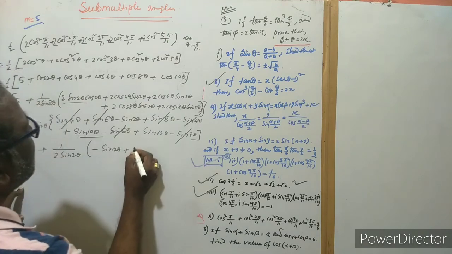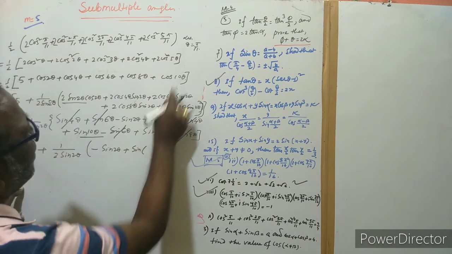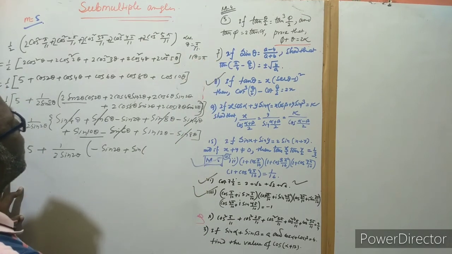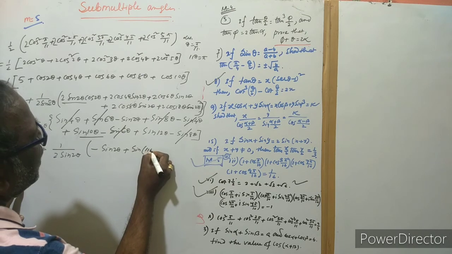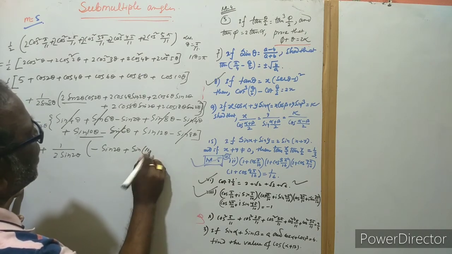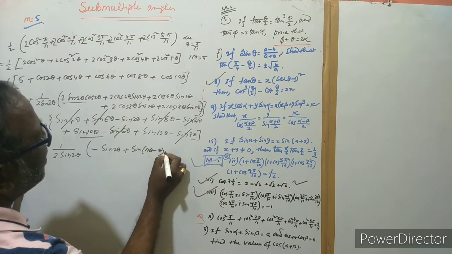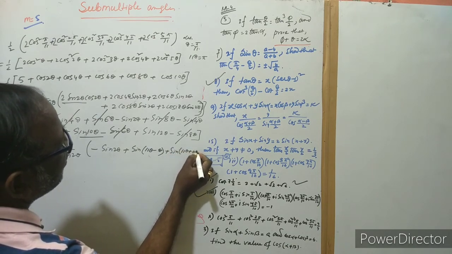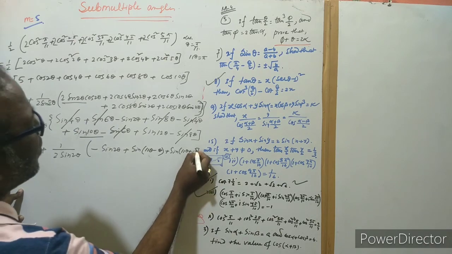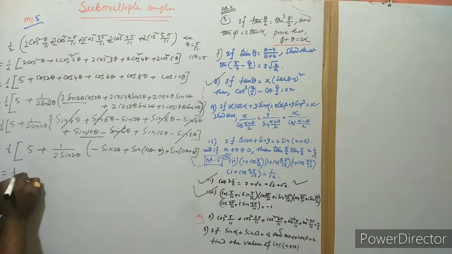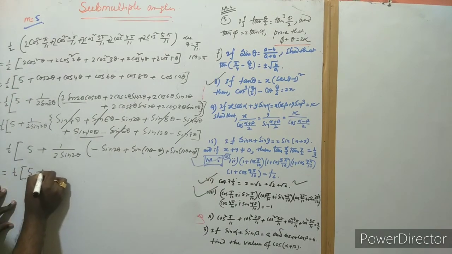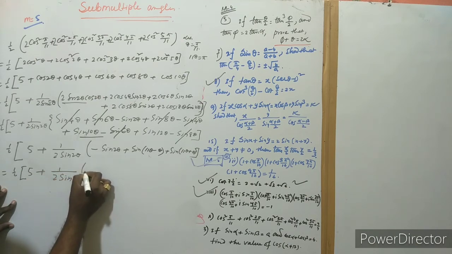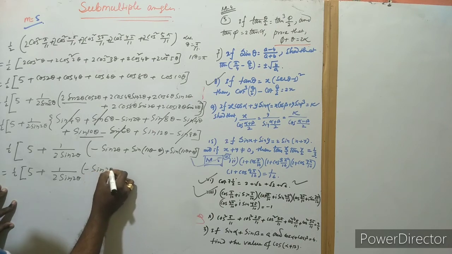We can write here sine 11 theta, equal to pi. So we can write 11 theta minus theta, and also sine 11 theta plus theta. So this is 1 by 2, 5 plus 1 by 2 sine 2 theta minus sine 2 theta.